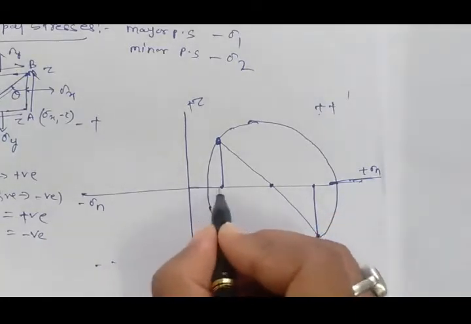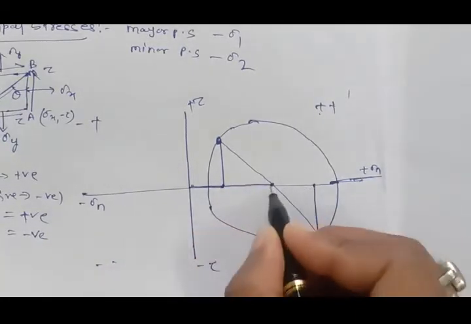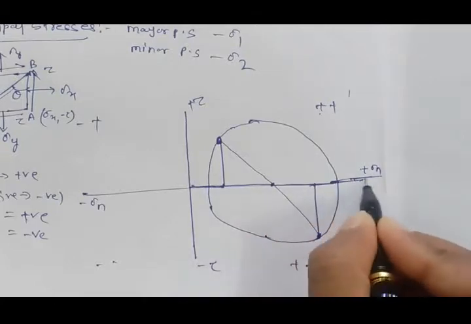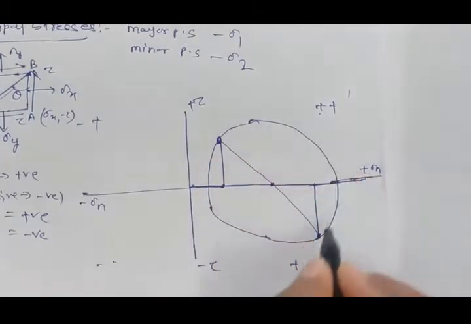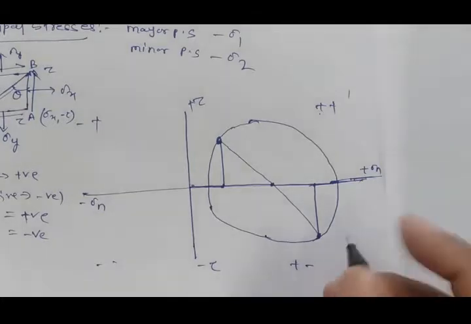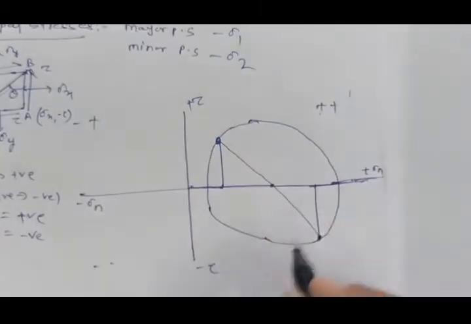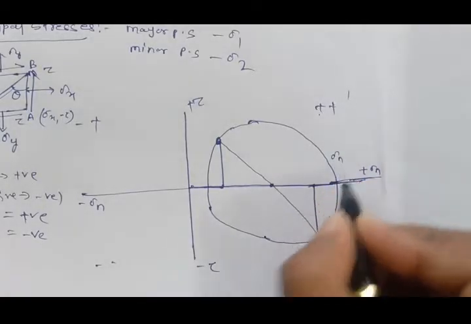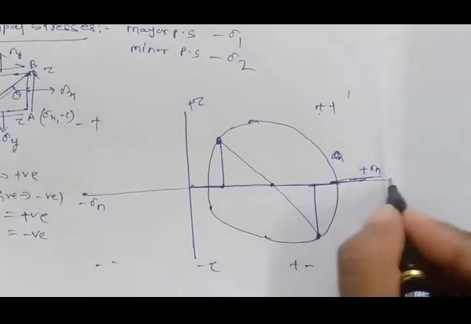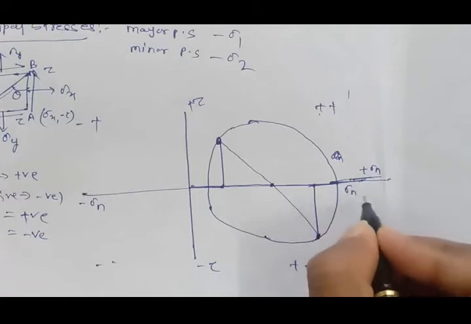So this is the line, called the normal stress line, and all the circumference of this Mohr circle denotes the planes. Now here you can see this sigma n, which is positive, and tau is 0 here.